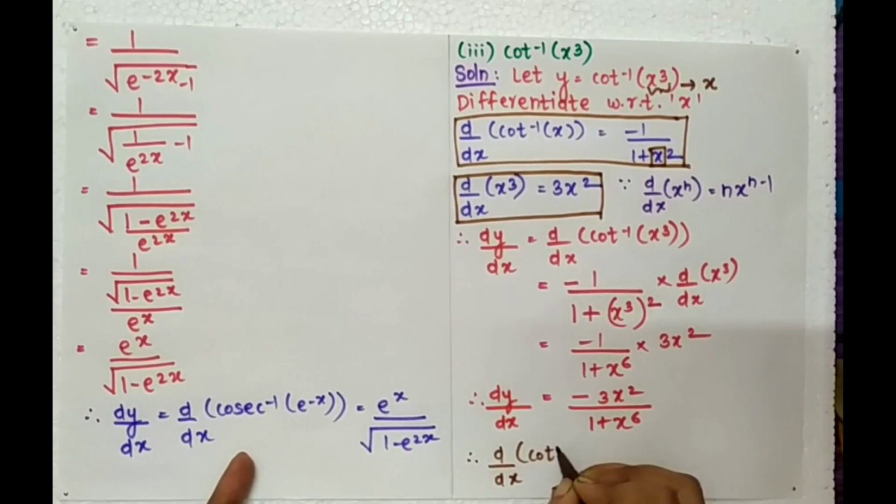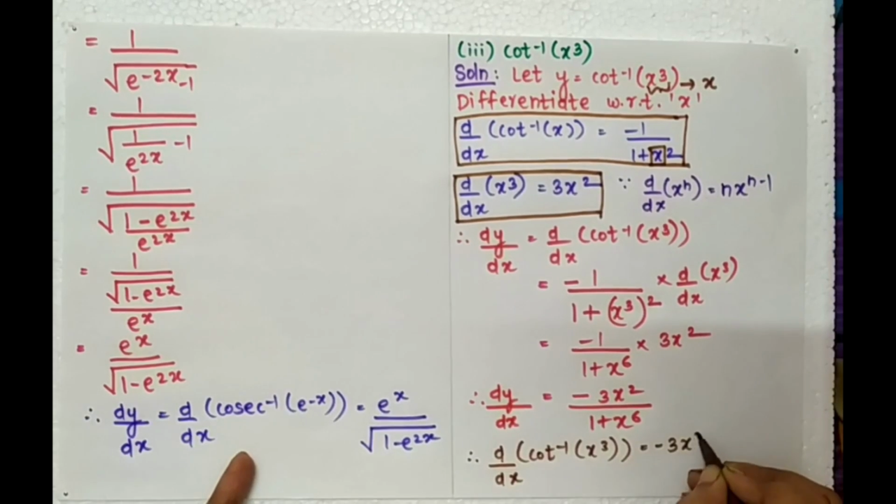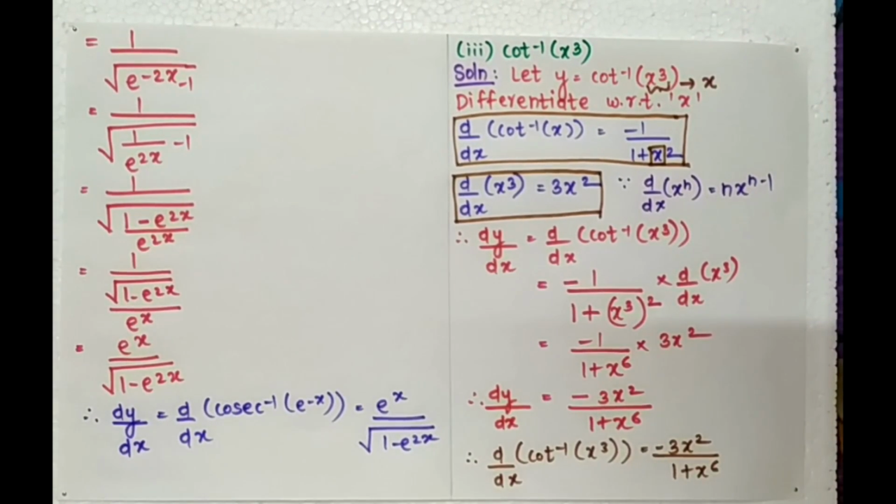Derivative of cot inverse x cube is minus 3x square upon 1 plus x raised to 6. Always try to answer the question in a proper way and end it like this.